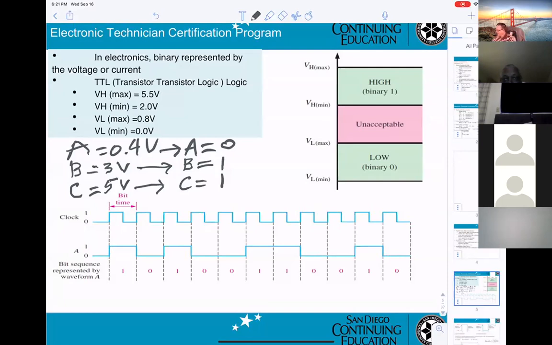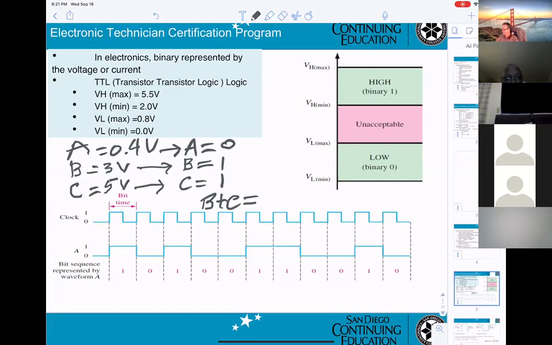Okay? Now, you can see, after you get the logic, do not do anything with the voltage. Who cares? If I say I want B adding to C, what do you think you get? 1. They can be 1, they can be 0.